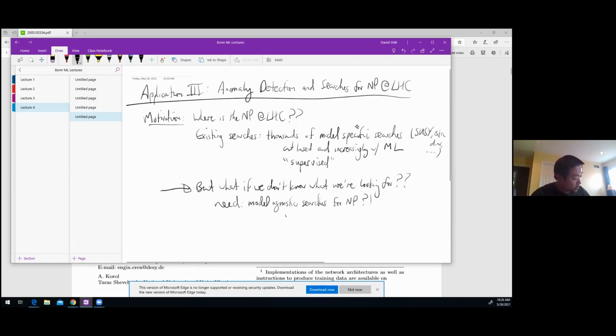And as you may have guessed, this is a ripe target for unsupervised, or at least less than fully supervised, or weakly supervised, or semi-supervised ML.